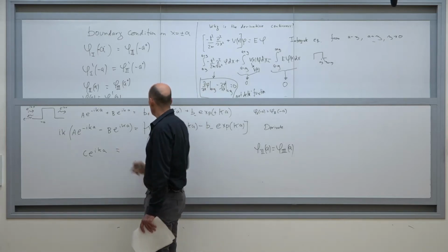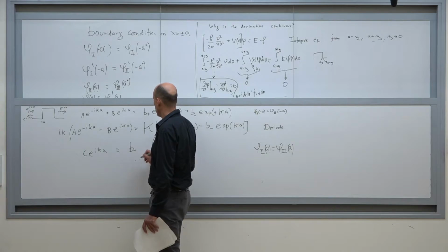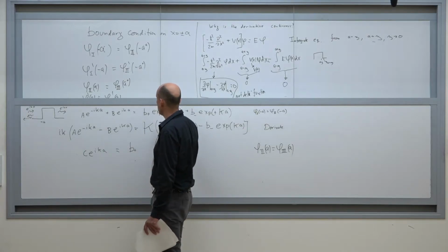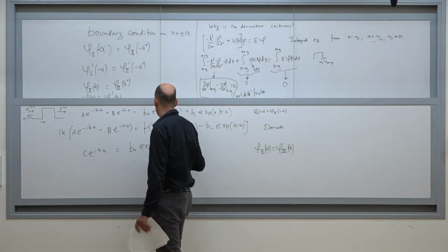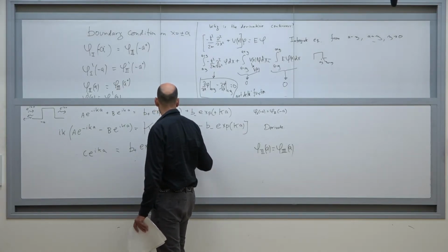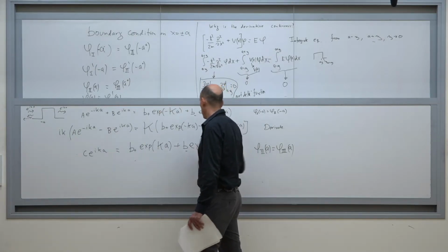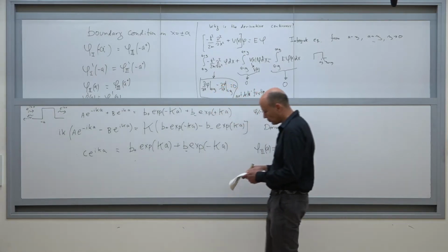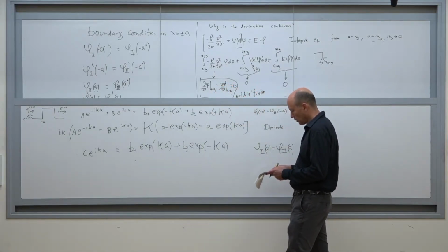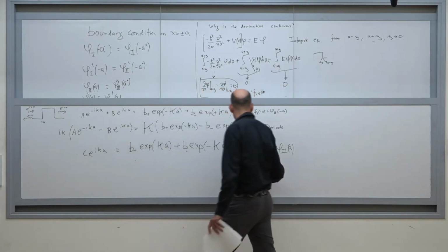This is equal to B plus, and now I need to calculate B plus not on minus a but on plus a, so it's exponential kappa a, plus B minus exponential minus kappa a. And then I need to take the derivatives at this point.